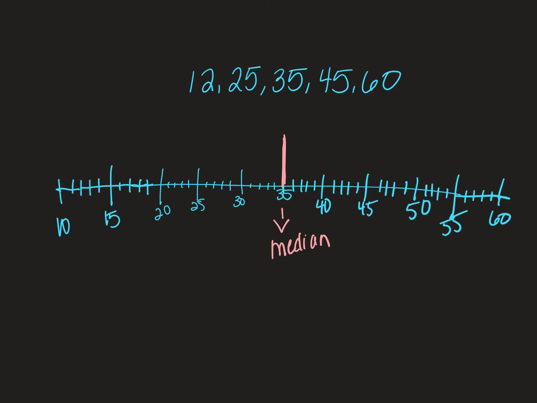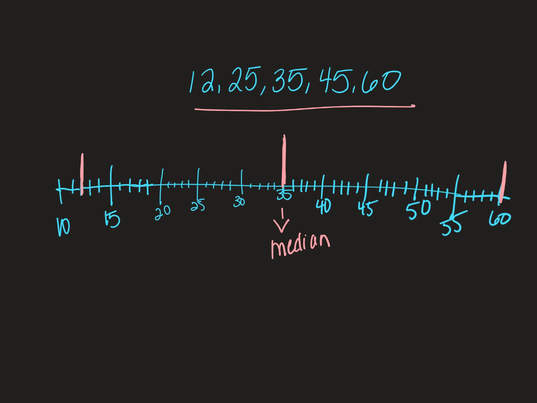Okay? What is the minimum number? It's the smallest number. The minimum is the smallest number, which is 12. So you'll have a small line here. The largest number is 60, so you'll have a small line here, right?